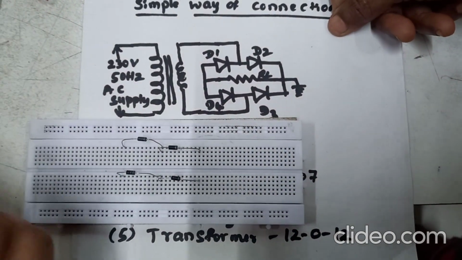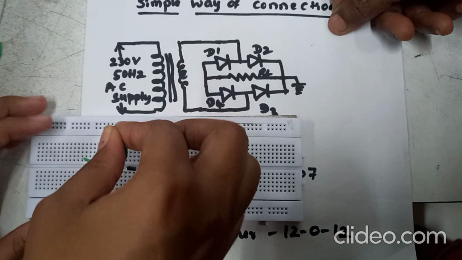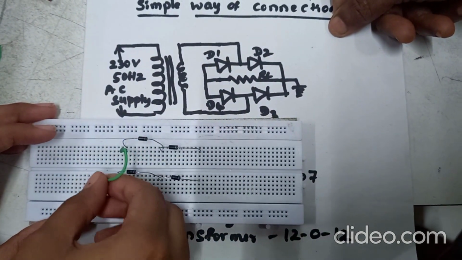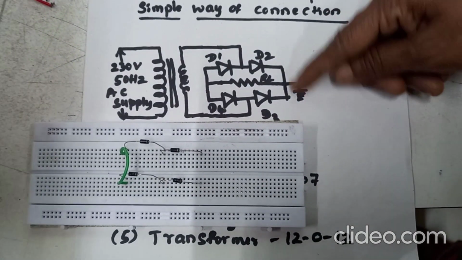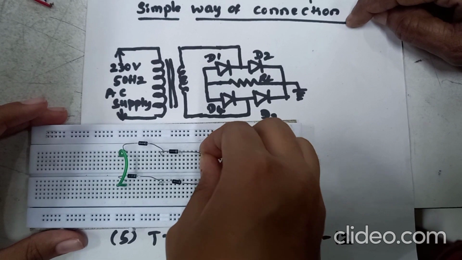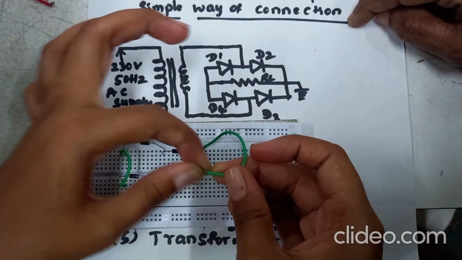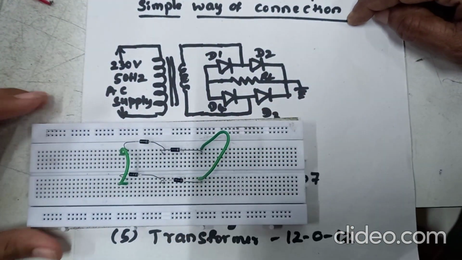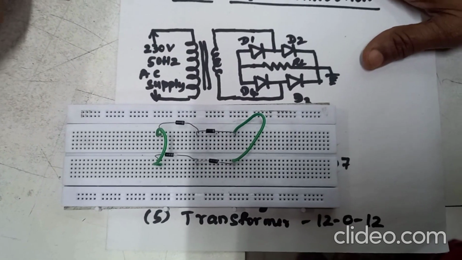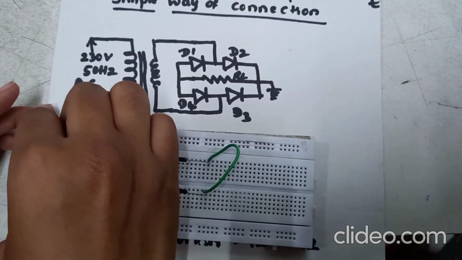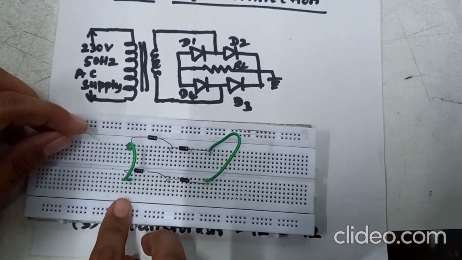Take a small wire and do the connection between anode and anode, anode of the first diode and anode of the third diode. And cathode must be shorted. Cathode of the second diode and cathode of the fourth diode, they are shorted. And we should connect on the other point on the breadboard. Resistor on another 2 points on the breadboard.